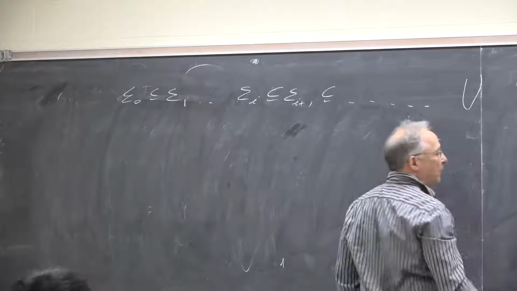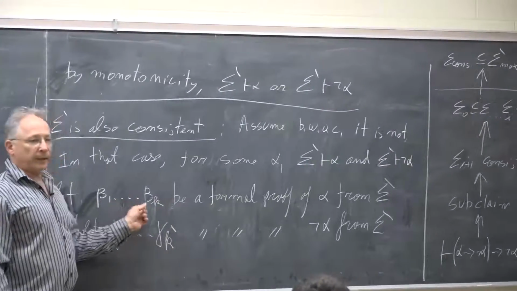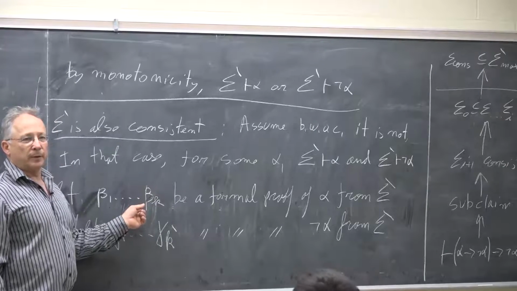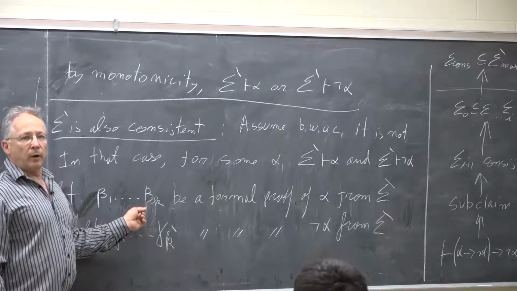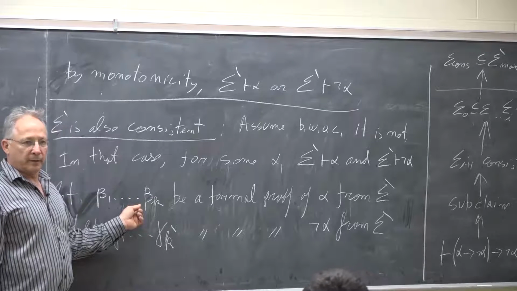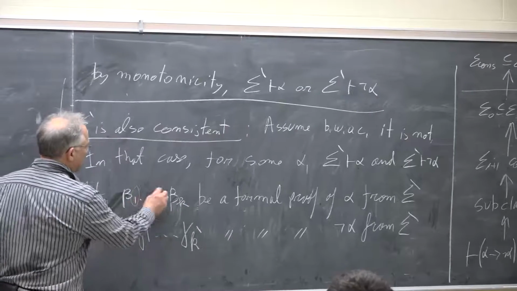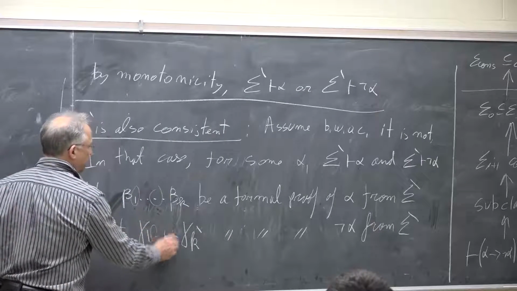So for each of those proofs, we can check what is a proof. A proof is a sequence such that every element here is either an axiom or an assumption, or it follows from previous guys by modus ponens, right? So what I care about is the assumptions. So I'll collect all the assumptions from both of these proofs.